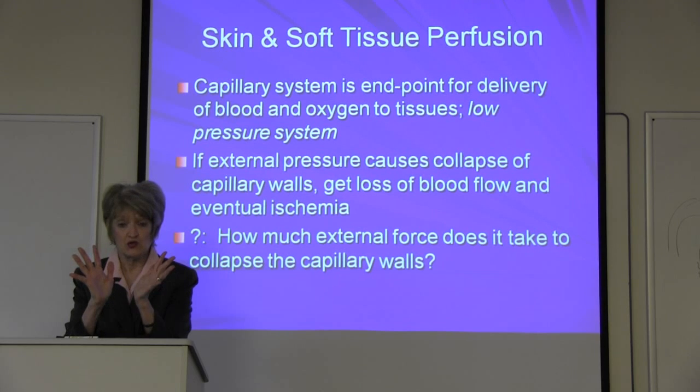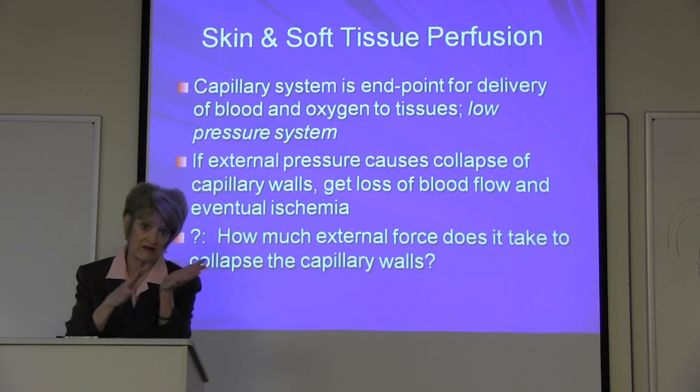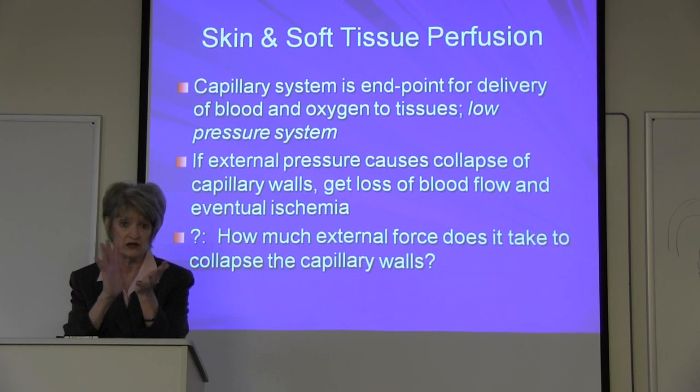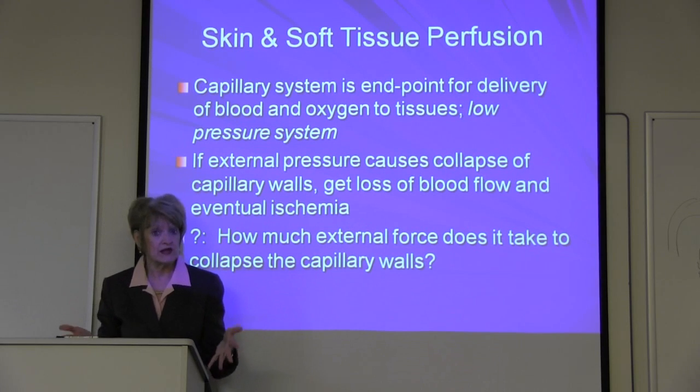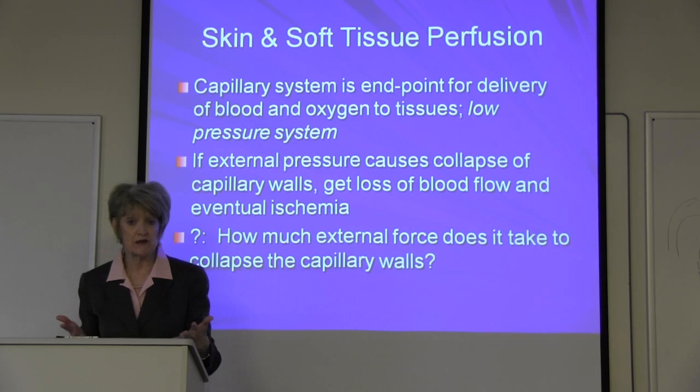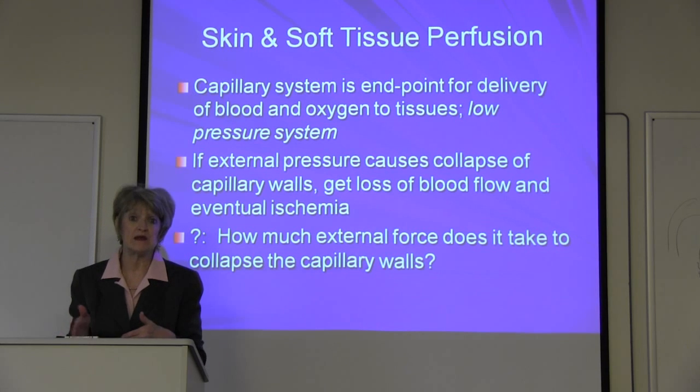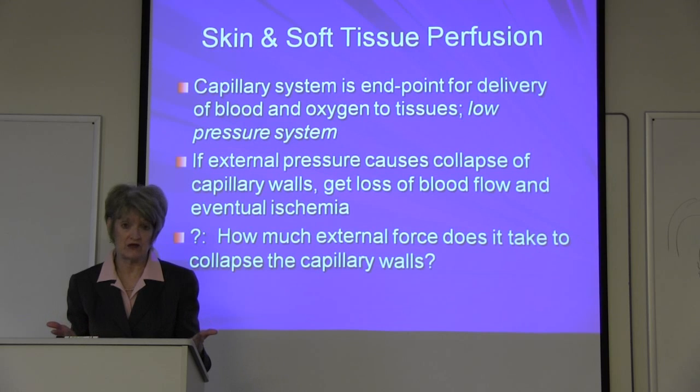Now, what he found was that on the arterial side of the capillary bed, it was about 28 to 32 millimeters of mercury. On the venous side, about 25 to 28. And based on that, a lot of people say, oh, well, the pressure within the capillary bed is 32 millimeters of mercury, and as long as you keep external pressures lower than that point, you'll maintain blood flow.